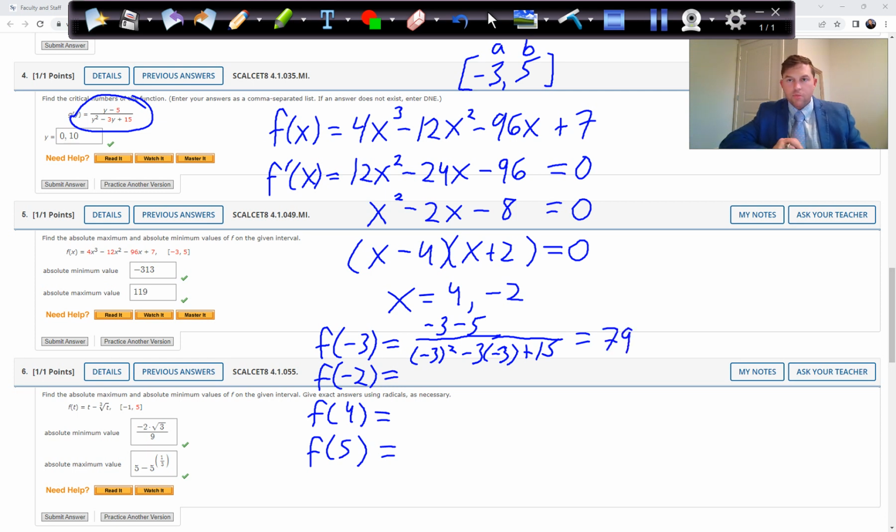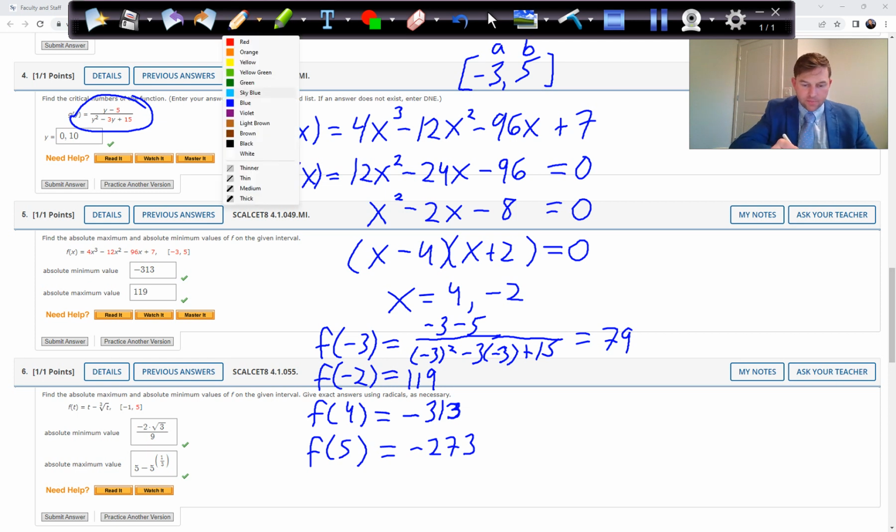And that's the only one I'm going to show as a substitution step. I can imagine you'll be able to plug in minus 2, and 4 and 5, and you should get 119 when you plug in minus 2. You should get negative 313 when you plug in positive 4, and you should get negative 273 when you plug in positive 5.